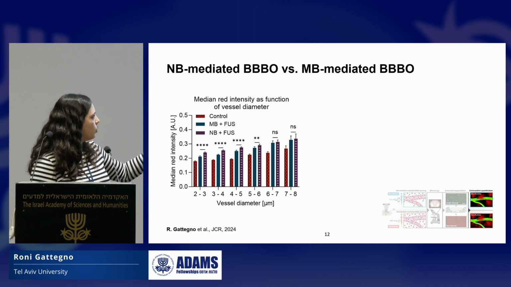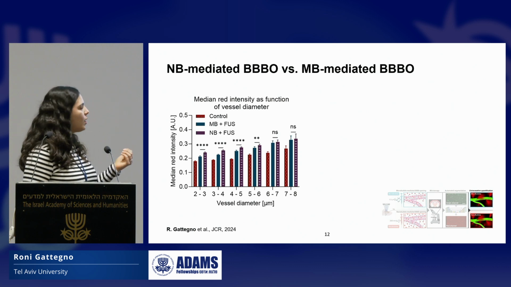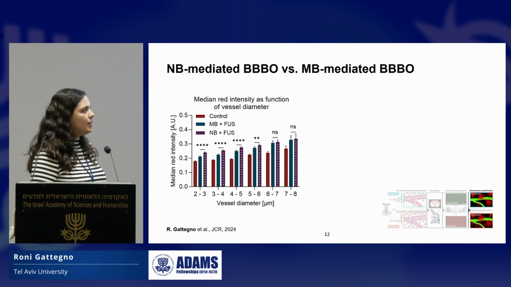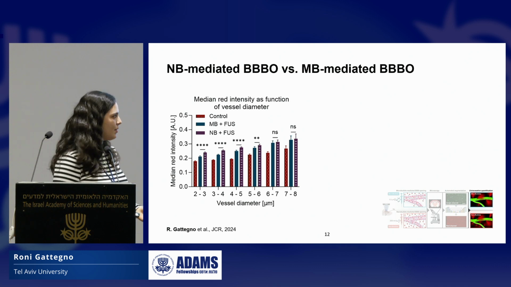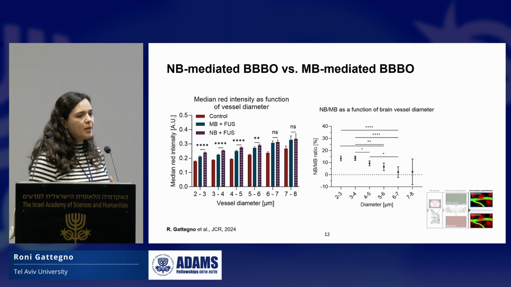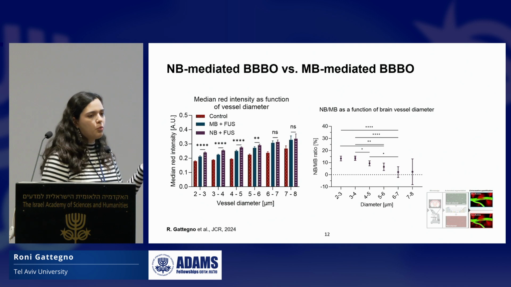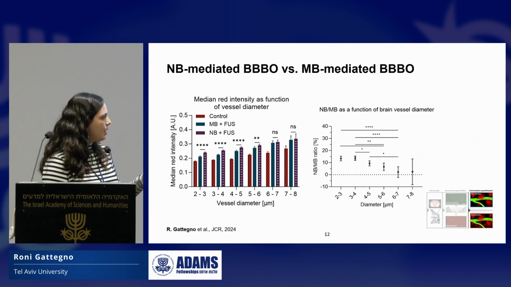So in the larger groups, there is no statistical difference between the microbubbles and the nanobubbles groups, while in the smaller ones, there is a significant difference, and nanobubbles extravasate more. In the nanobubble group, there is more extravasation. And when we measure the improvement, it reaches 13% in the smaller diameter, while it diminishes when we look at larger ones.